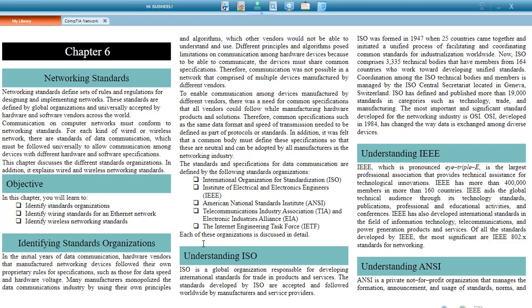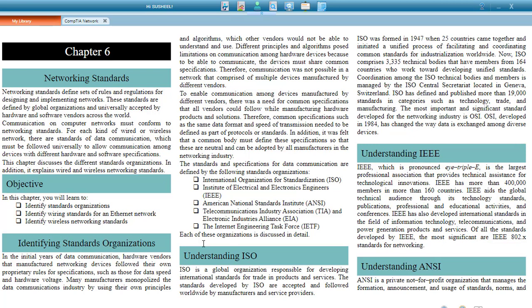Understanding IEEE. IEEE, which is pronounced I-triple-E, is the largest professional association that provides technical assistance for technological innovations. IEEE has more than 400,000 members in more than 160 countries.